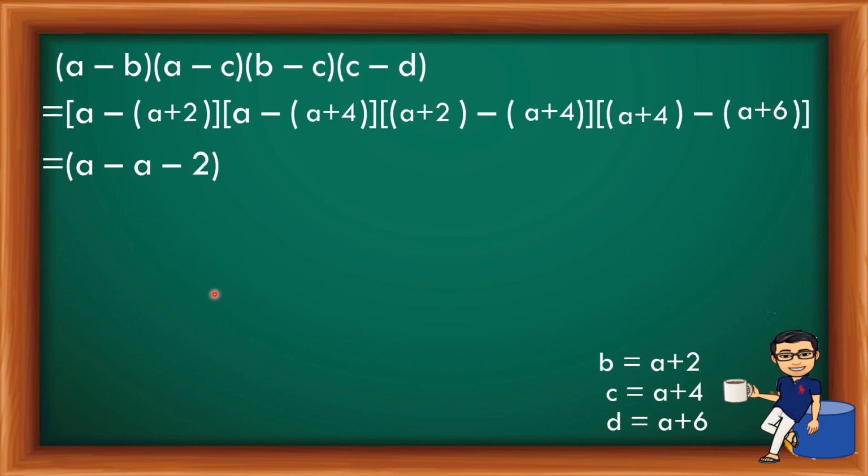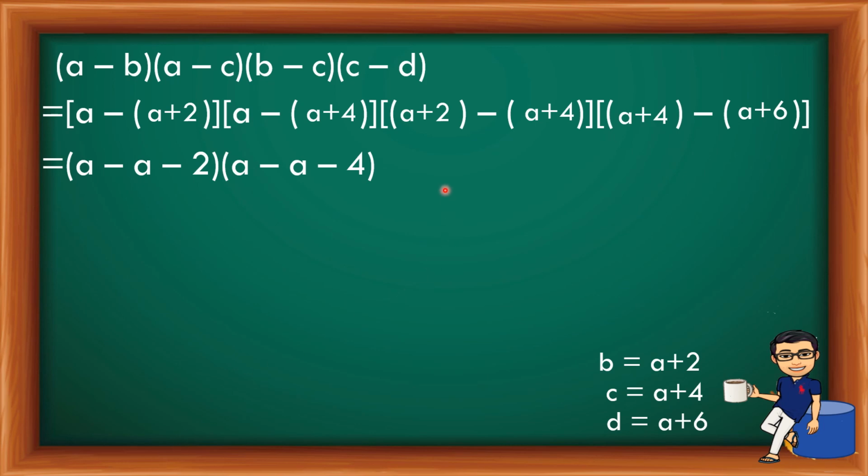Then on this part, A minus the quantity A plus 4 will become A minus A minus 4. We copy this A, then again distribute the negative: negative times A is negative A, and negative times positive 4 is negative 4.